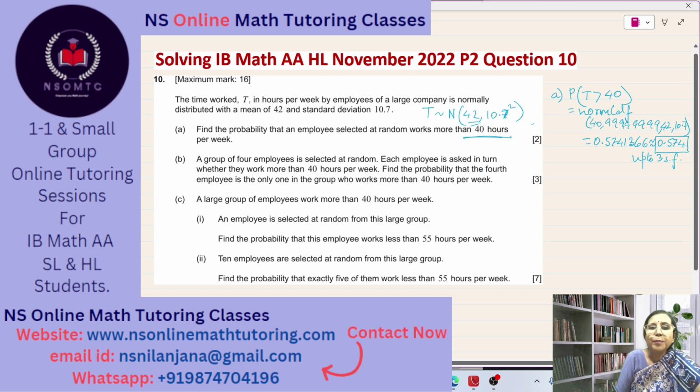Subpart B. A group of 4 employees is selected at random. Each employee is asked in turn whether they work more than 40 hours per week. Find the probability that the 4th employee is the only one in the group who works more than 40 hours per week. So the first 3 work less than 40 hours per week.